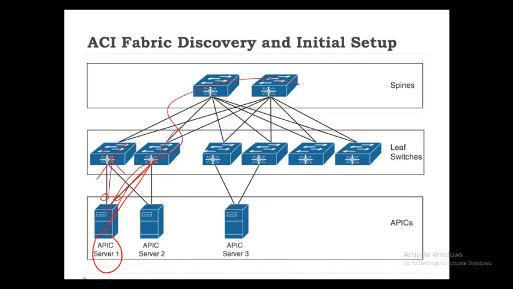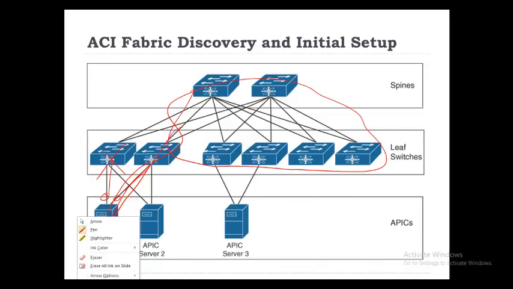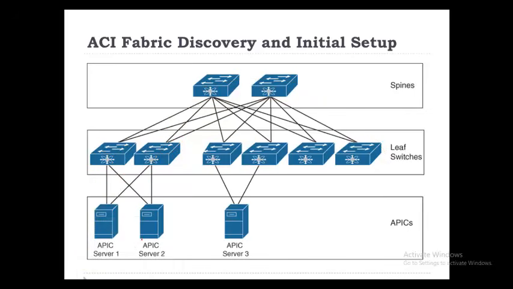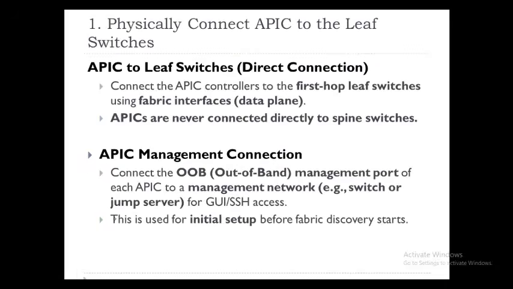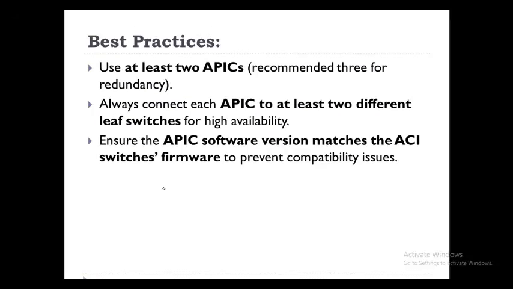Even if you see the server 3 is connected to leaf 3 and leaf 4. So the best practice is use at least 2 epic. 3 is recommended. Even I have seen 5.